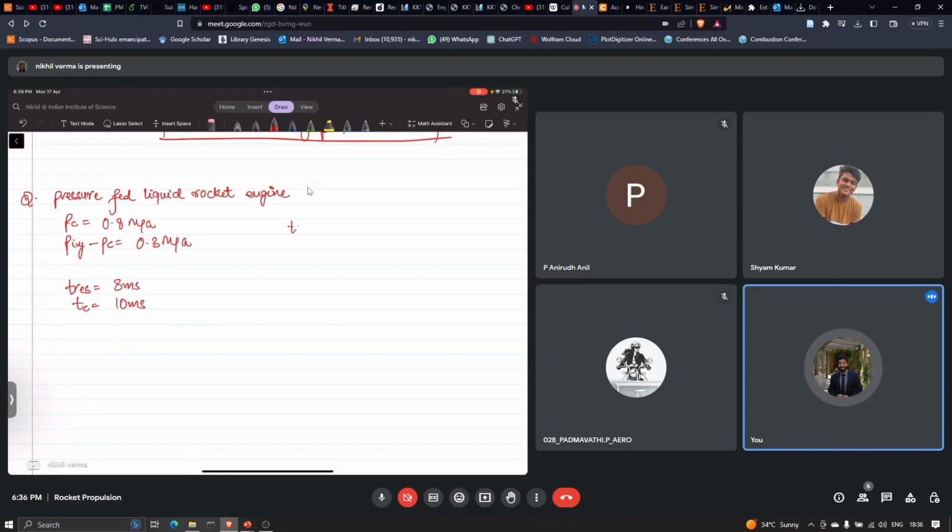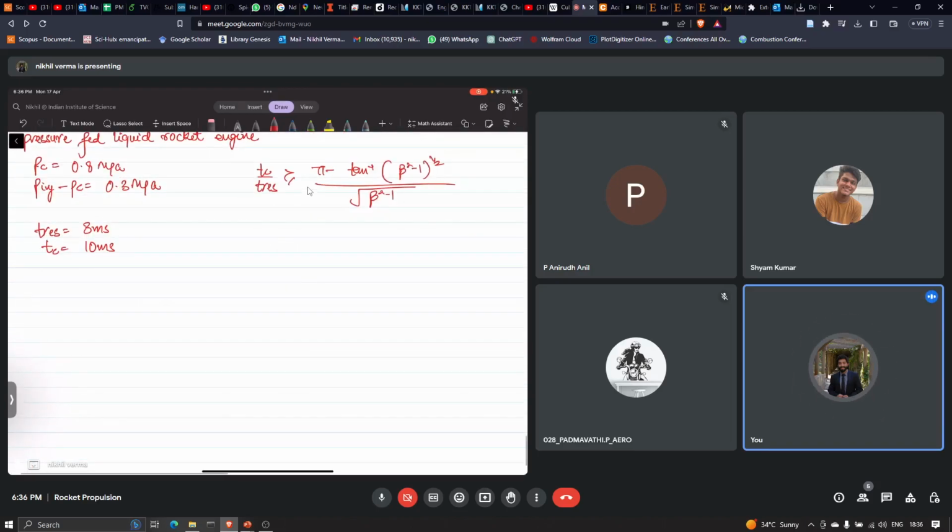For stable combustion, Tc minus T residence should be greater than pi minus tan inverse. If you want to follow this derivation, you can look into the rocket propulsion book by Professor Ramamurthy, in which he has done a detailed derivation. Beta is given as Pc by 2 delta P, which is 0.8 divided by 0.6, which is 1.33.